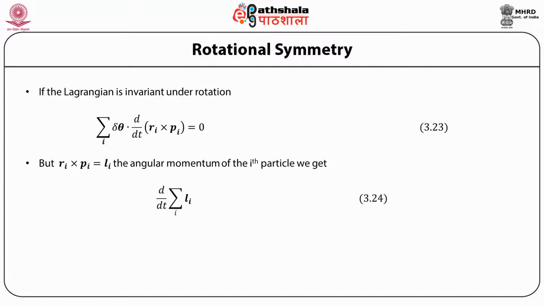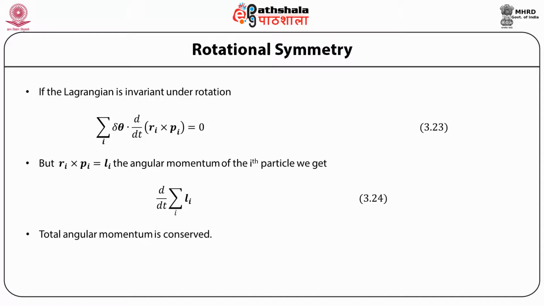So rᵢ × pᵢ is the angular momentum of the ith particle. Therefore, the invariance of the Lagrangian under a rotation says that d/dt of the sum of the angular momentum of each particle is equal to 0. The d/dt of sigma over i Lᵢ is equal to 0, which means the total angular momentum is conserved.